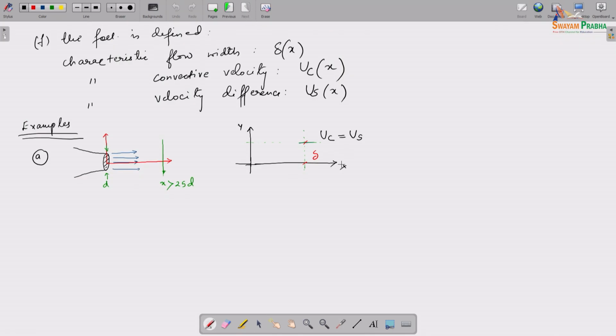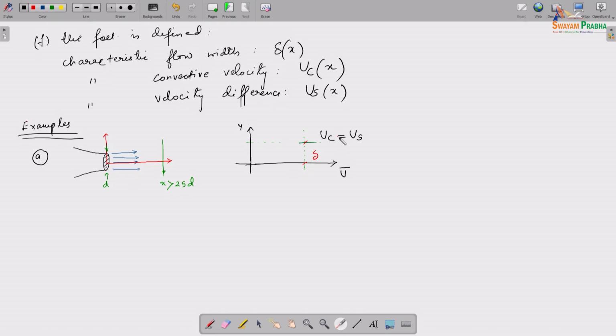Now I am going to write this as u mean. This is a mean quantity, and at some distance which is a characteristic flow width, it could be r half in this particular case. So you have a convective velocity which is equal to the difference in velocity.